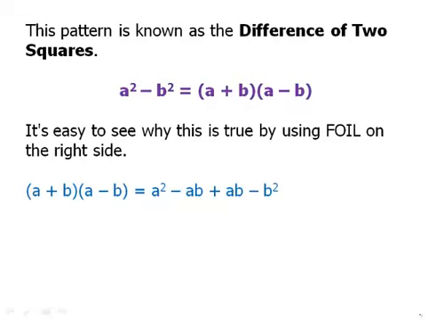And product of the last, b times negative b, would be negative b squared. Now, miraculously, those two cross terms, negative ab and positive ab, cancel. And so we're just left with a squared minus b squared. So this is an extremely elegant pattern, and this is precisely why the test is absolutely in love with this pattern.